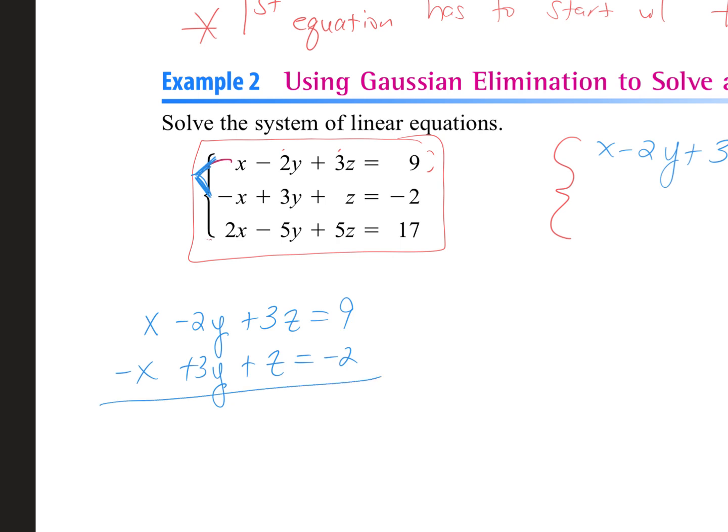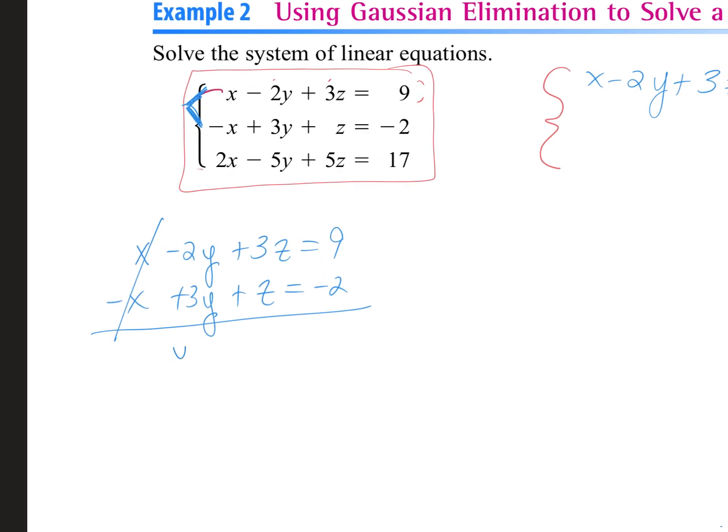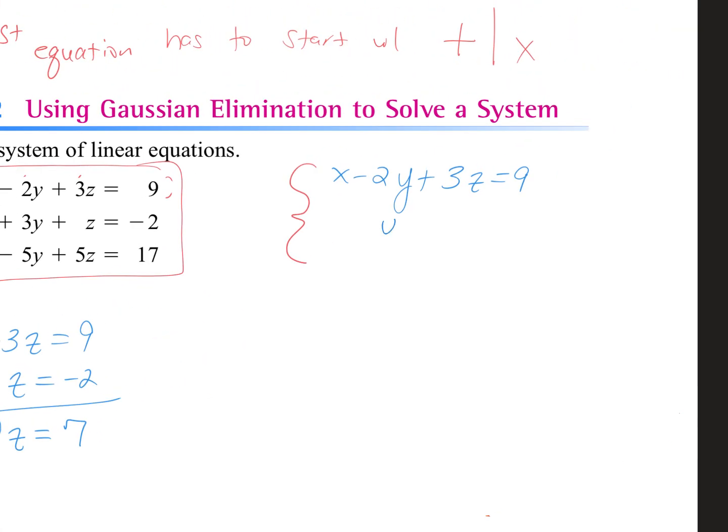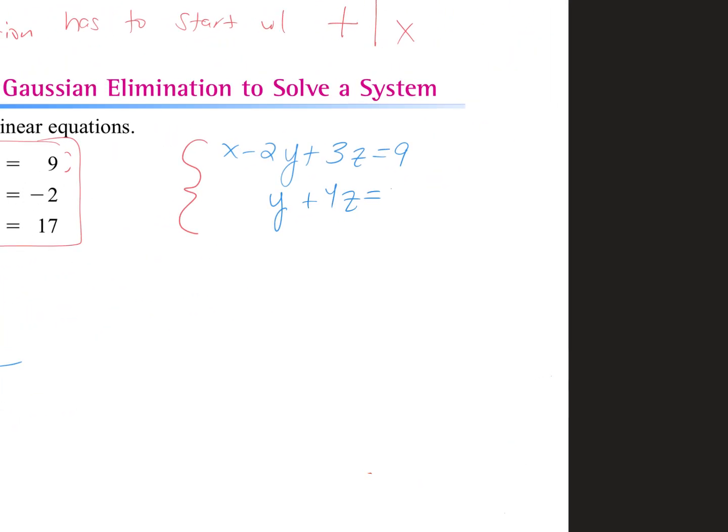No, they're already opposites, so combine. Negative 2 and 3 gives me positive y. 3 and 1 gives me plus 4z equals 9 minus 2 is 7. Everybody agree? Okay, so that's your second equation right here. y plus 4z equals 7. So my last equation should have how many variables?